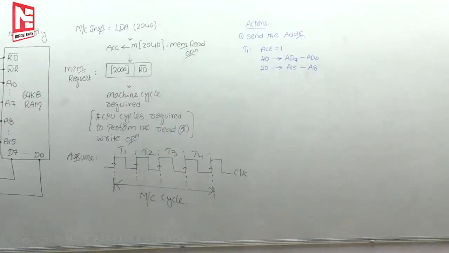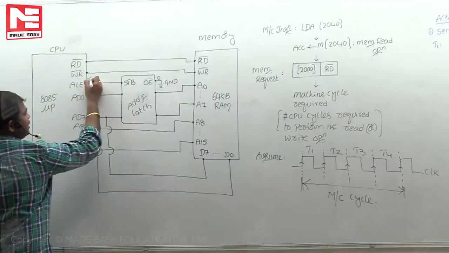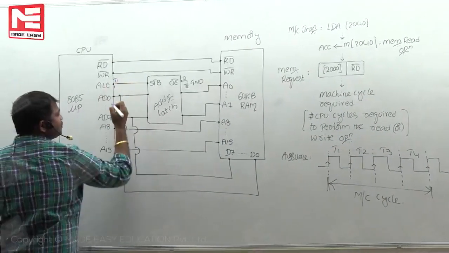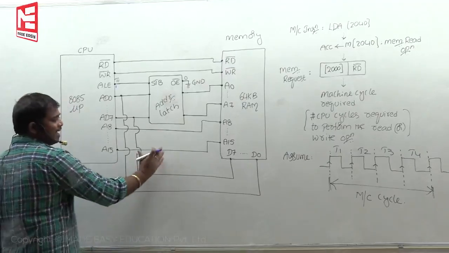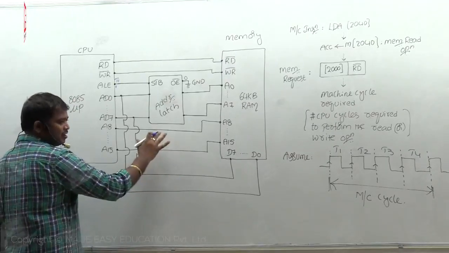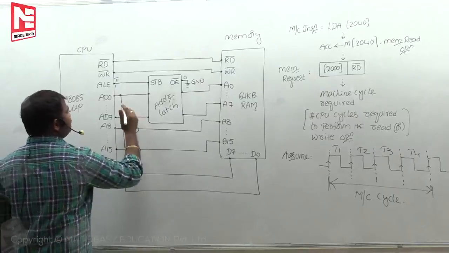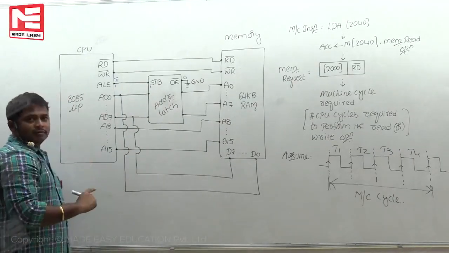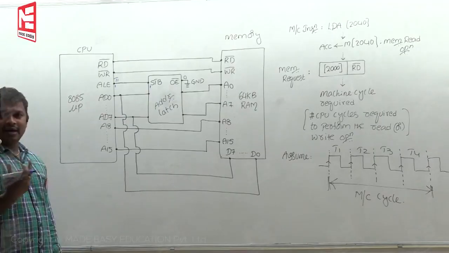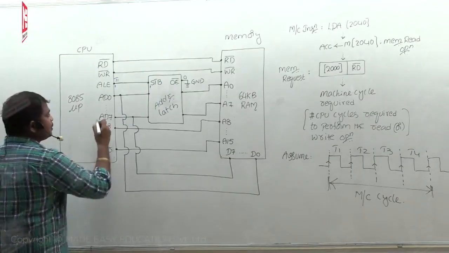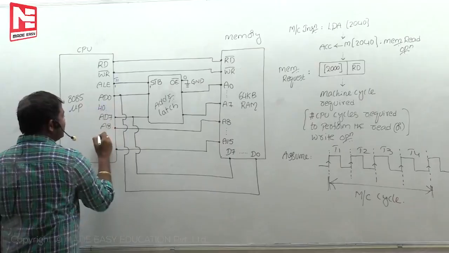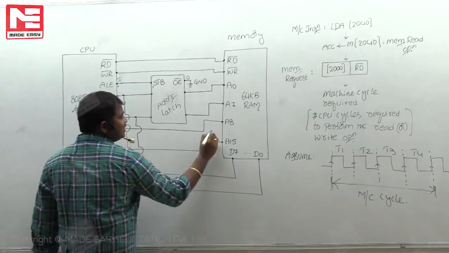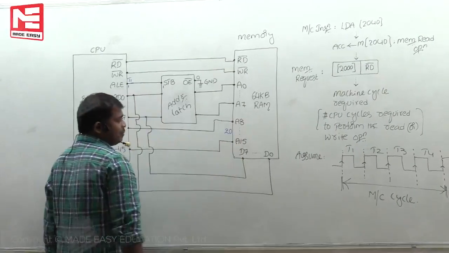Now see the diagram. In the T1 time state, the ALE pin is 1. We are providing the actions on the hardware. See the action carefully. ALE pin is 1 means the STB pin is also 1. Therefore, the input lines of the latch are activated. Now here 40 is present, here 20 is present. 20 is passing to memory as it is.